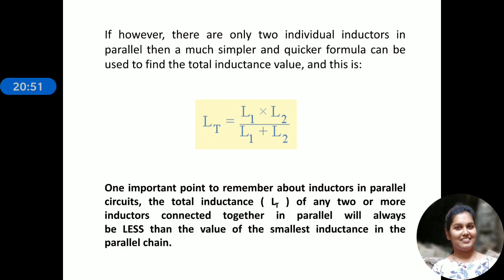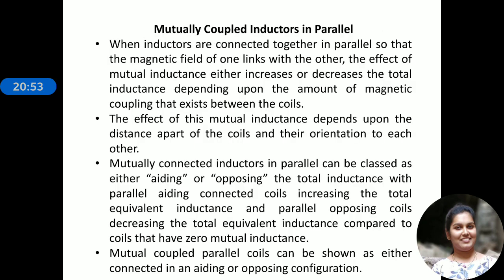Okay, now we'll see what happens with mutually coupled inductors in parallel, that is when we add a point called mutual inductance to the circuit. So when inductors are connected together in parallel so that the magnetic field of one links with the other, the effect of mutual inductance either increases or decreases the total inductance, depending upon the amount of magnetic coupling that exists between the coils.